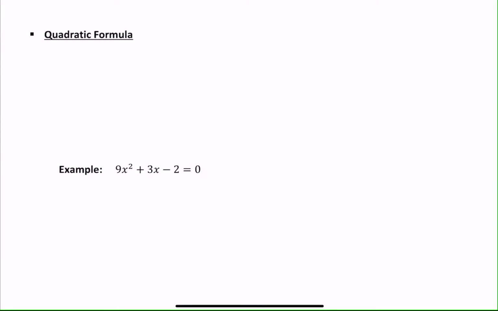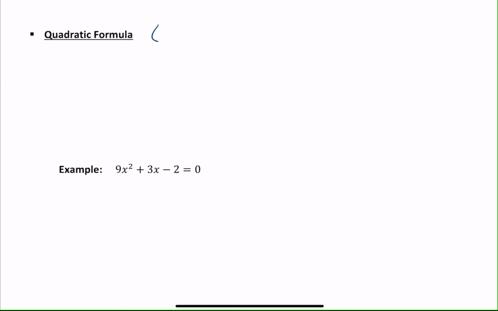So the quadratic formula is the last method I'm going to show you for solving a quadratic. And like I talked about in the previous video, the quadratic formula comes from completing the square.